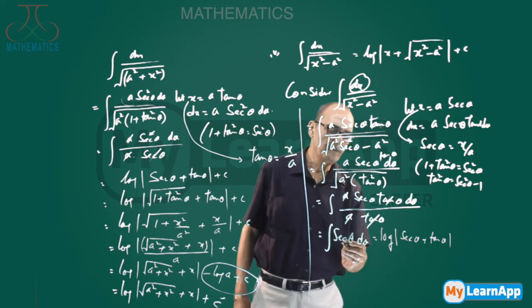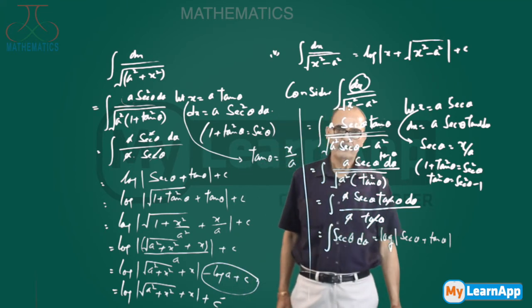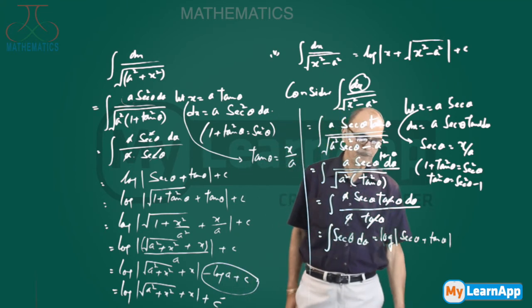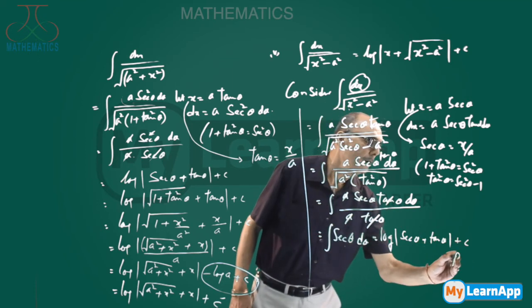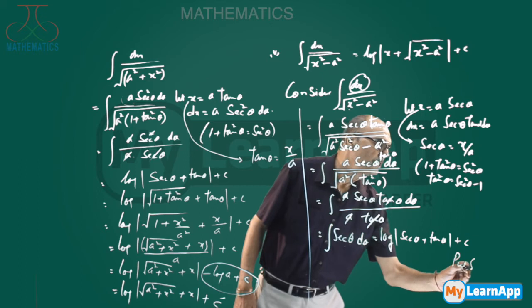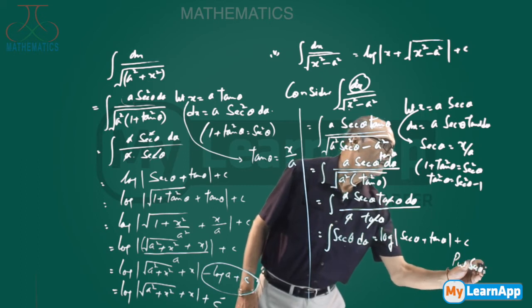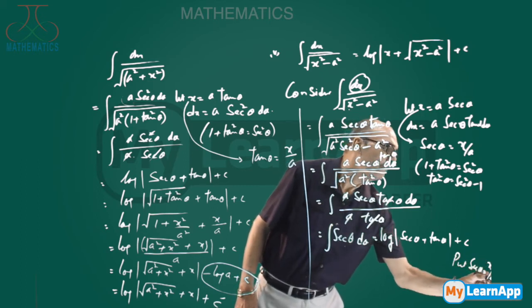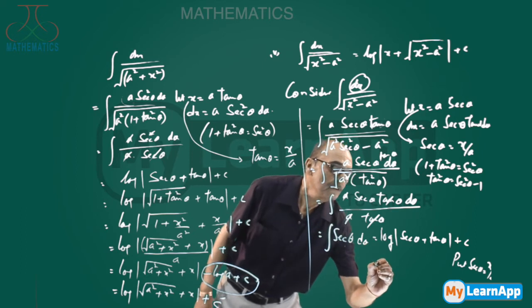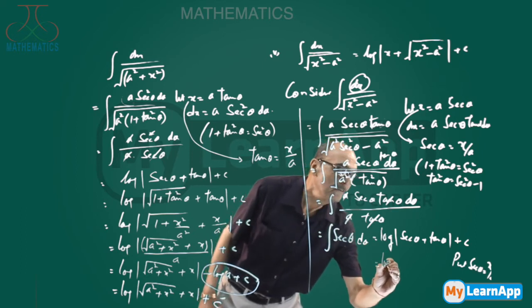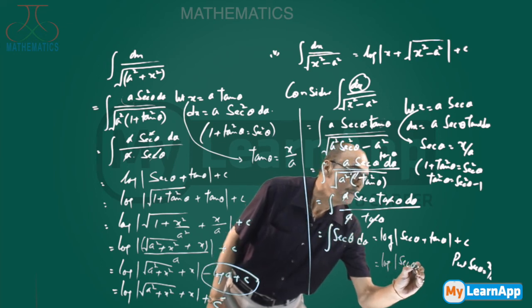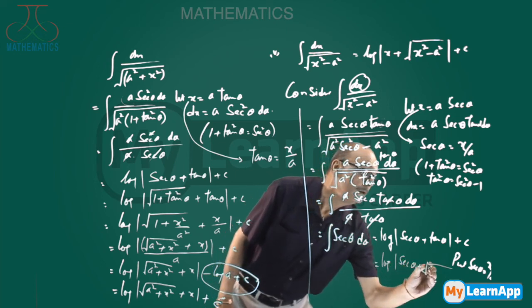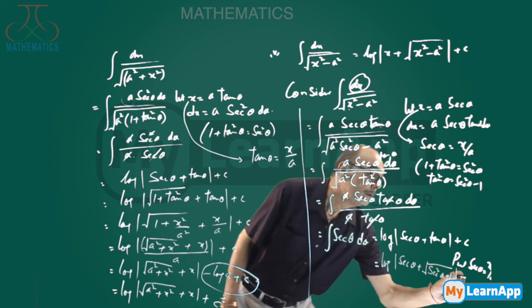This is a standard formula, integral of secant of theta plus c. Now put secant of theta equal to x upon a. This is log of secant of theta plus under root sec square theta minus 1 plus c.